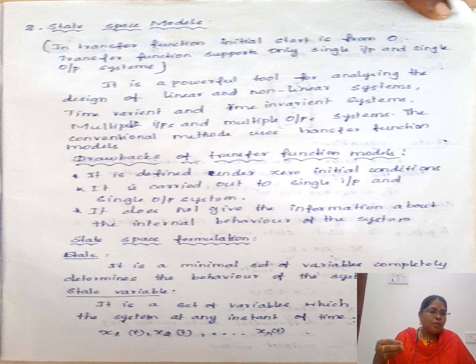If there is any problem in any one of the variables, that variable alone we can find and replace. If there is any sensor issue in any of the controls, that particular one is considered as one state variable, so it can be easily replaced and we can easily identify where the fault is.